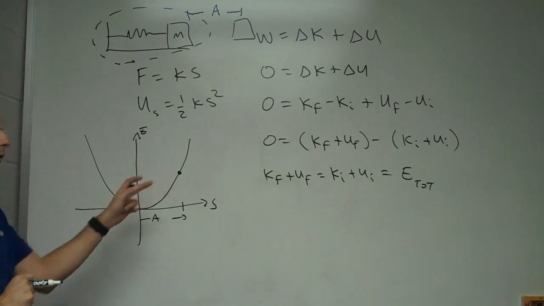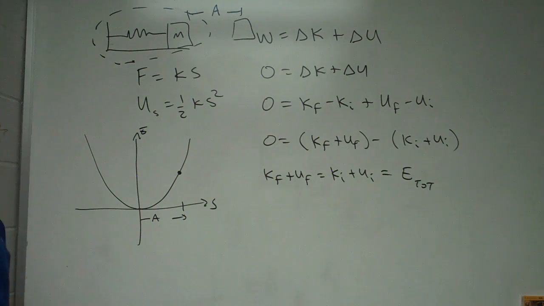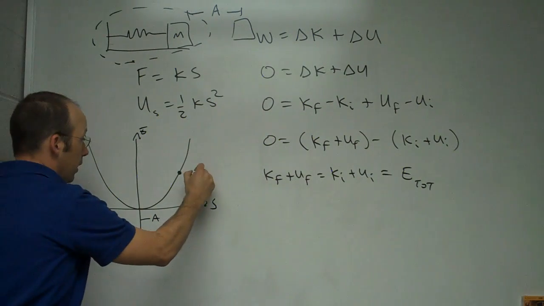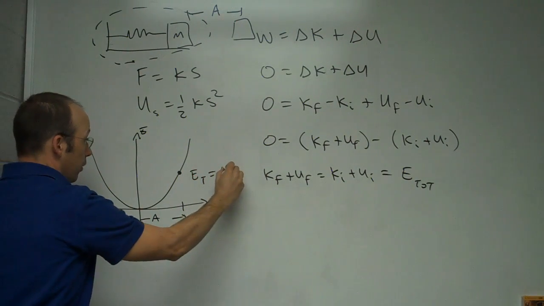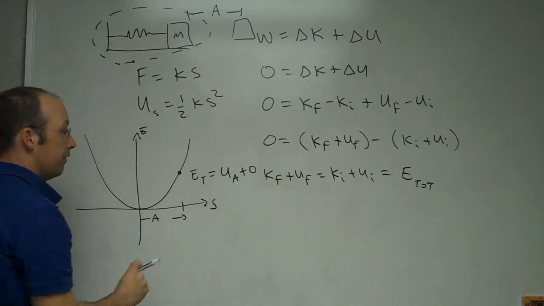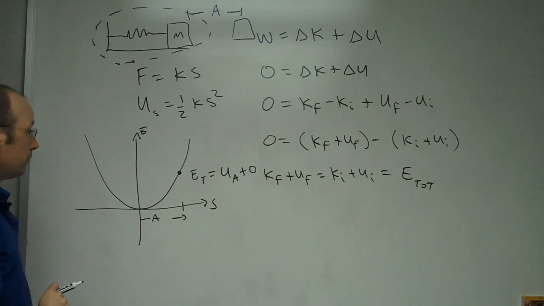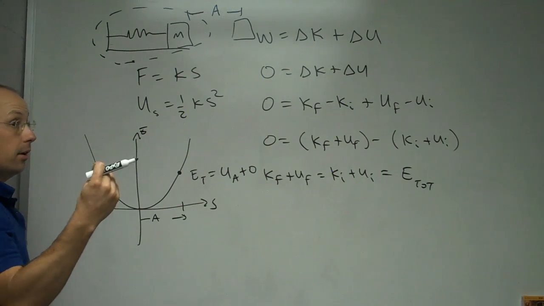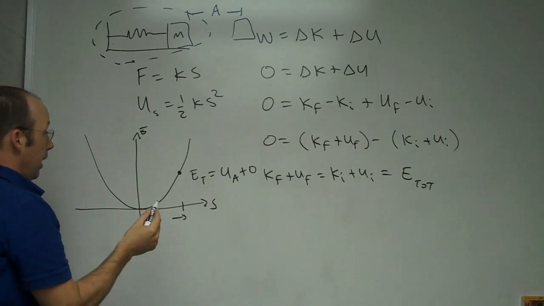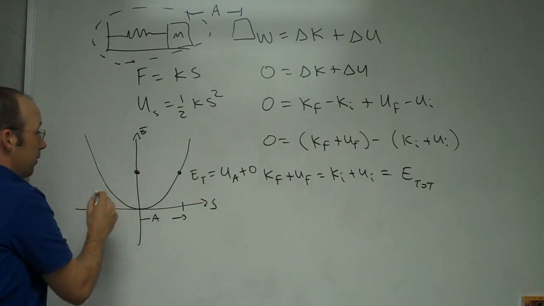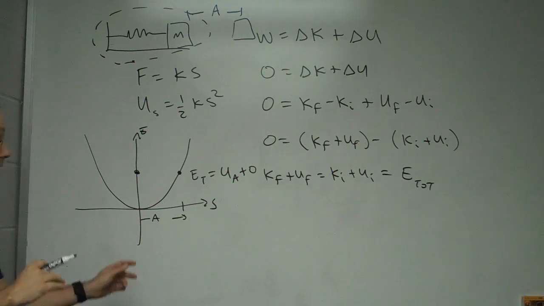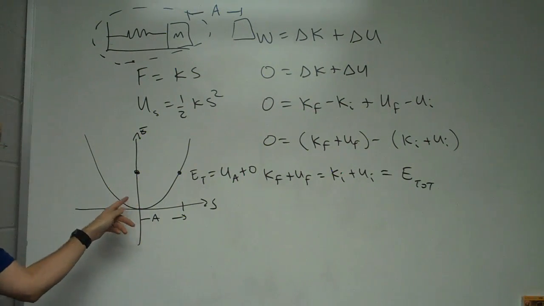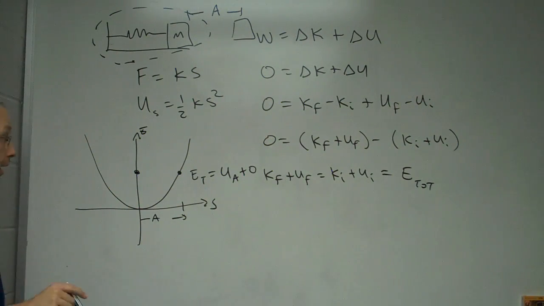And that dot represents the total energy, because there's no kinetic energy, so E total equals U of A plus 0 kinetic. What's going to happen now is that the mass is going to start speeding up and moving towards the center, and when it gets to the center, it would have no potential energy, but it would still have the same total energy.